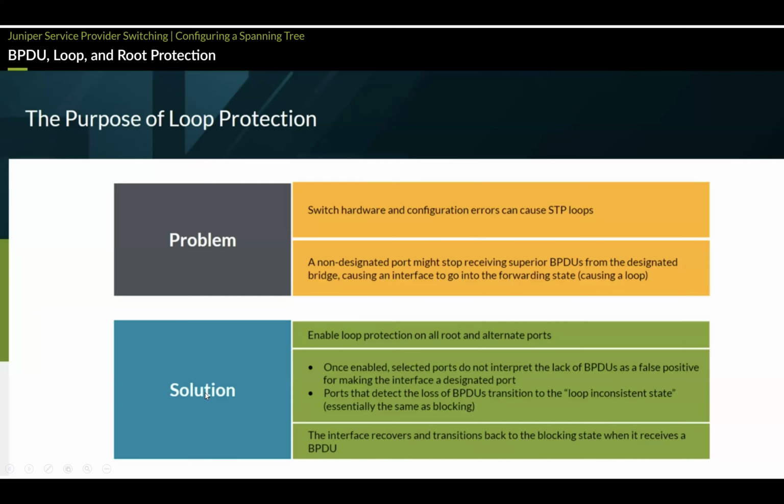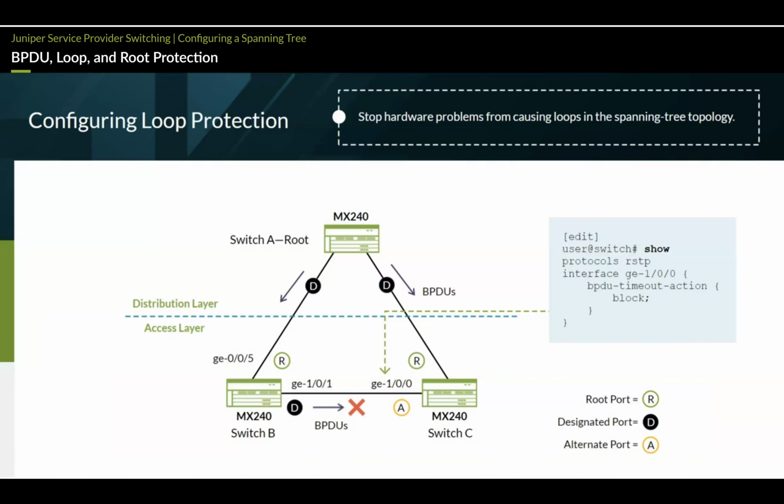Purpose of loop protection. This is another problem and solution. Loop protection: consider this ring network. This is the designated port. This port is blocked, so it is receiving the BPDU but not learning the MAC addresses.